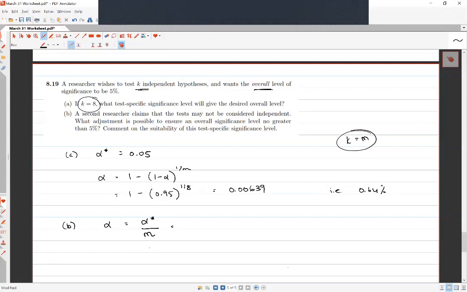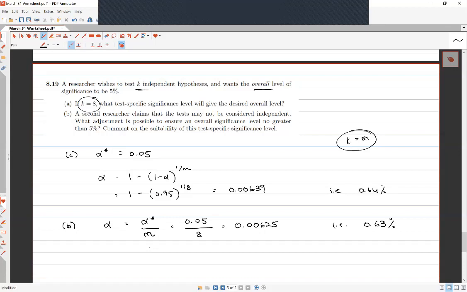So if I want an overall level of 5% and I'm doing 8 tests, then this approach says my individual tests should be performed at roughly a 0.63% level.